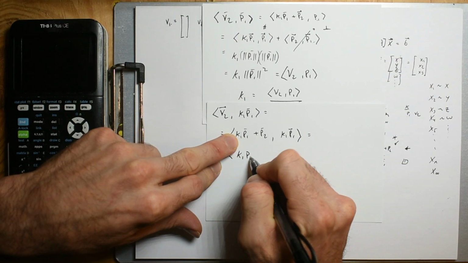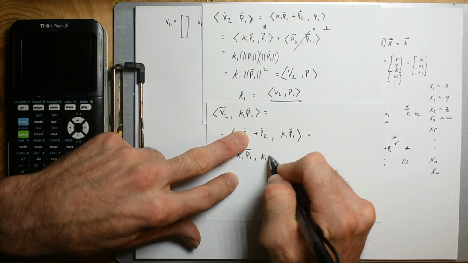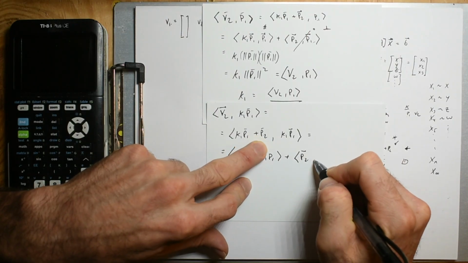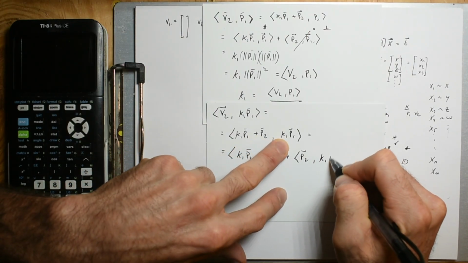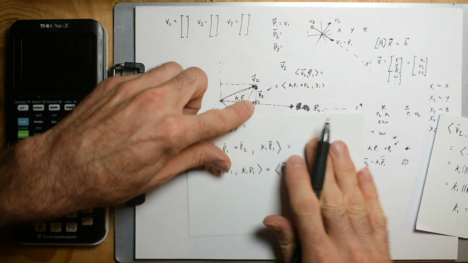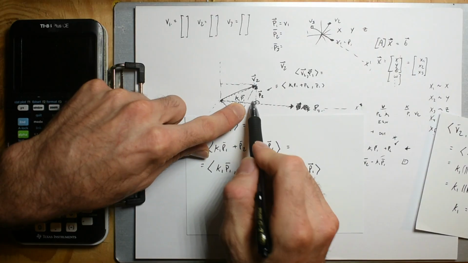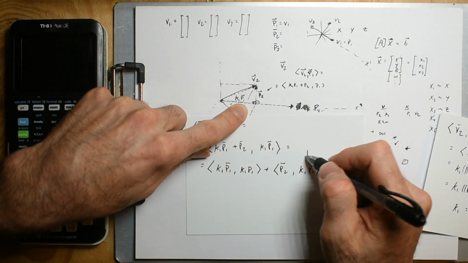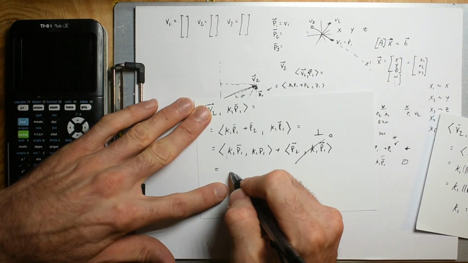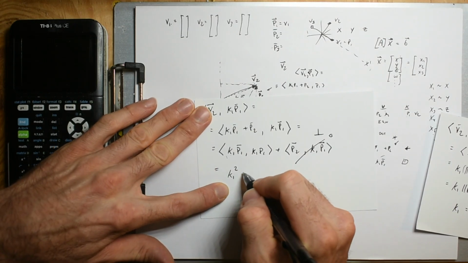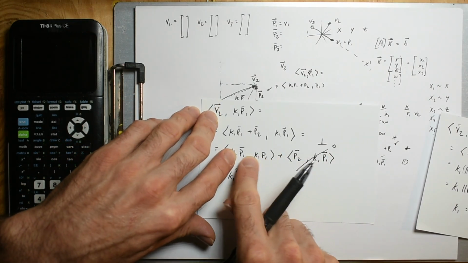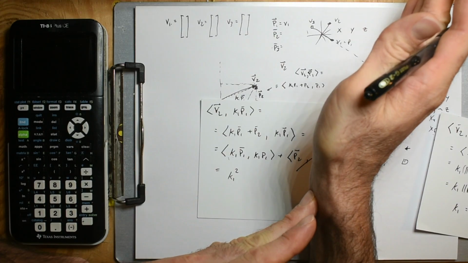We're going to say K1 P1 inner product with K1 P1, plus the inner product of P2 with P1. Still, P2 and K1 P1 are perpendicular, so the dot product is 0. And then we have two scalars, so I'm going to pull both of those out. And then I'm going to have the dot product of two vectors in the same direction.